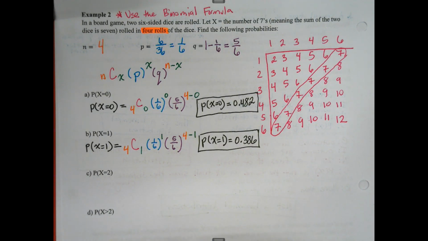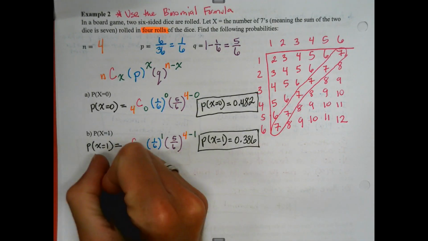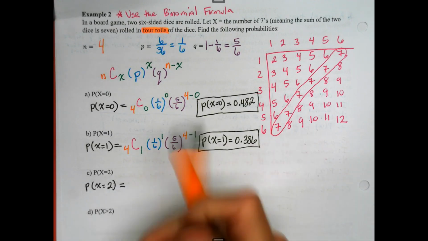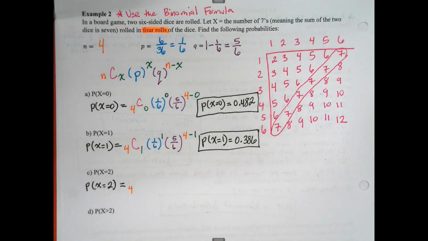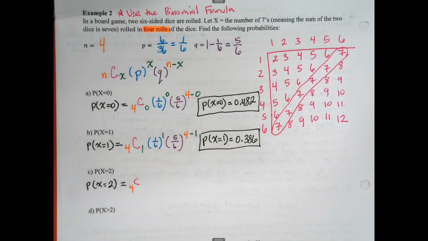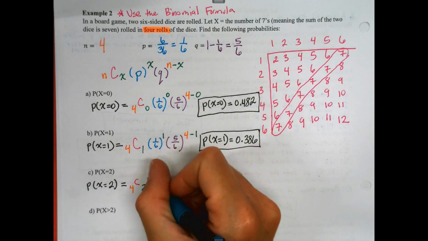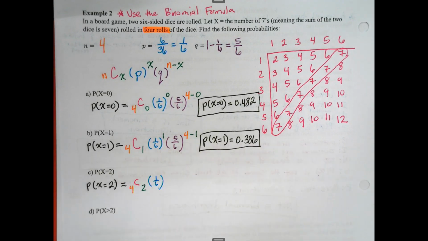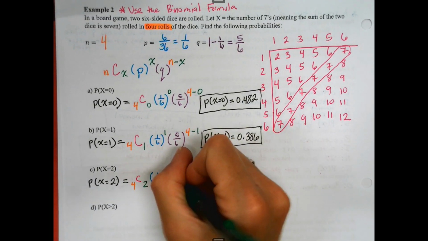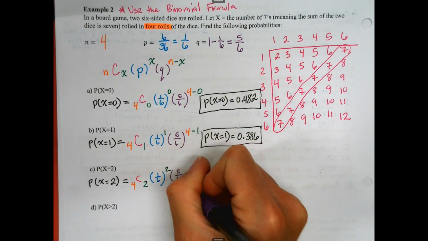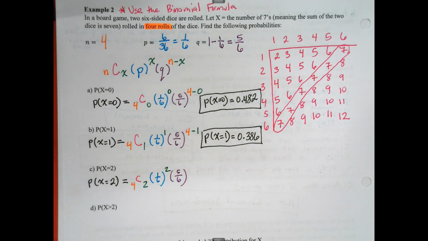Now, for the probability that x is equal to 2, again, just use our formula. So 4C2 times 1/6 to the second power times 5/6 to the power of 4 minus 2.